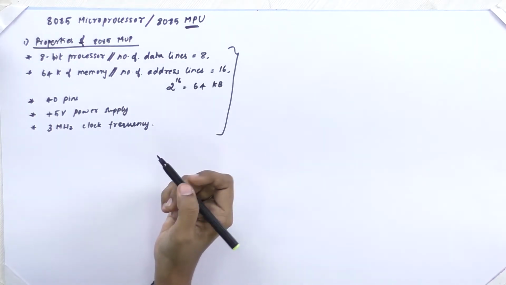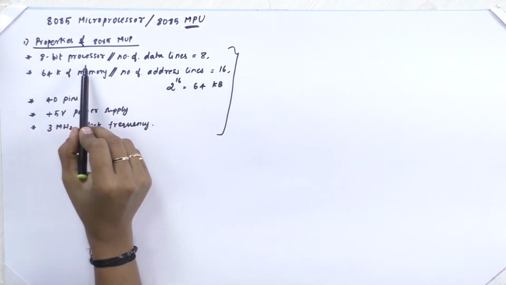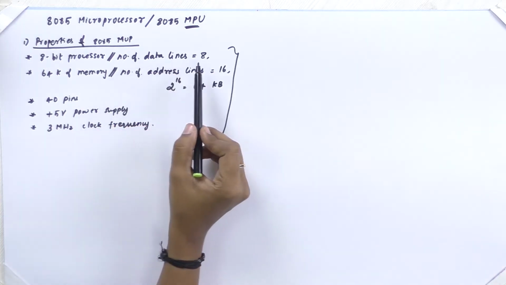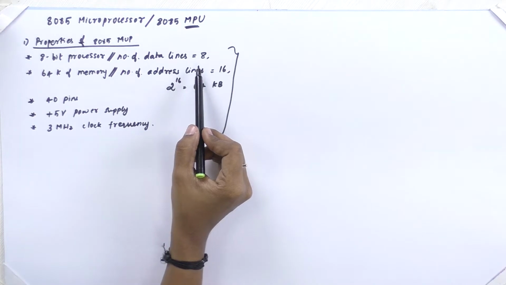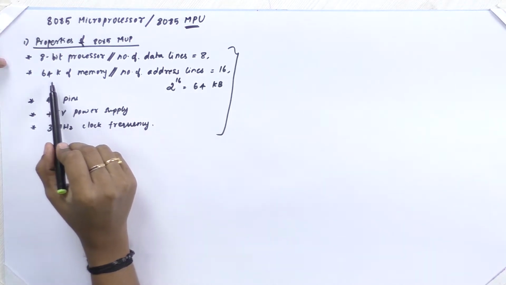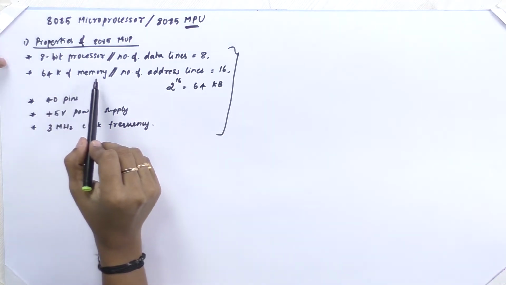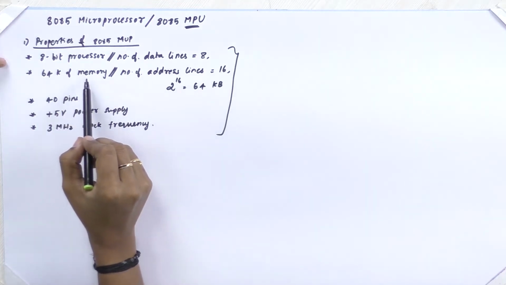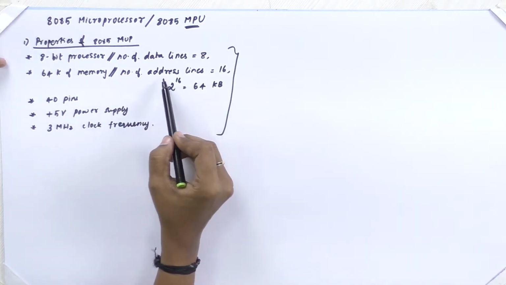Let me recall once. First, it is an 8-bit processor, based on the property that the number of data lines present in this 8085 processor is 8. It is capable of processing data of 8 bits. Next is the memory capacity. The available memory capacity of the 8085 microprocessor is 64 kilobytes, and this is based on the number of address lines.